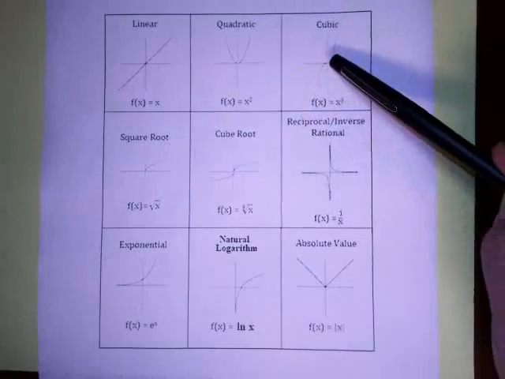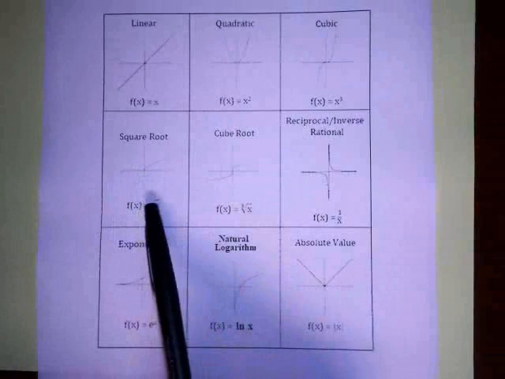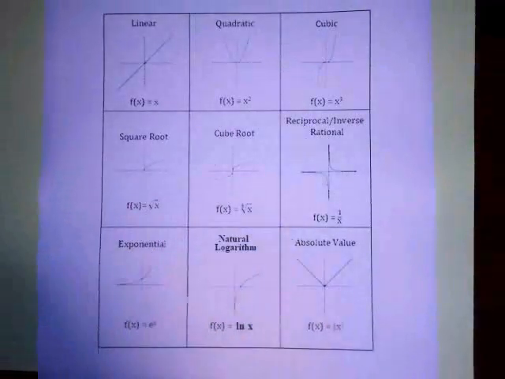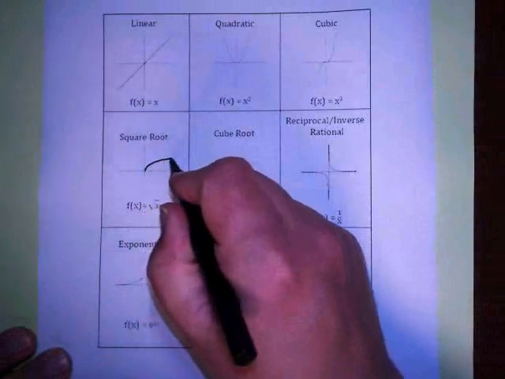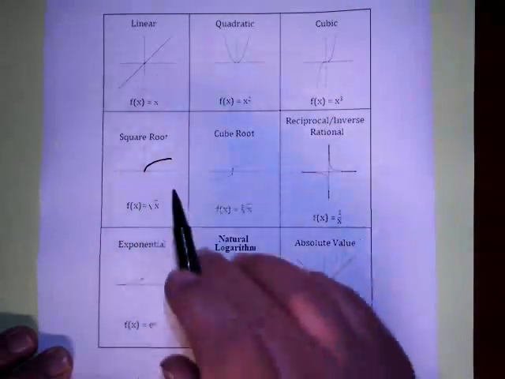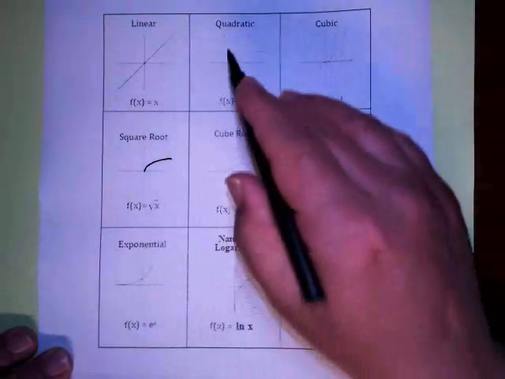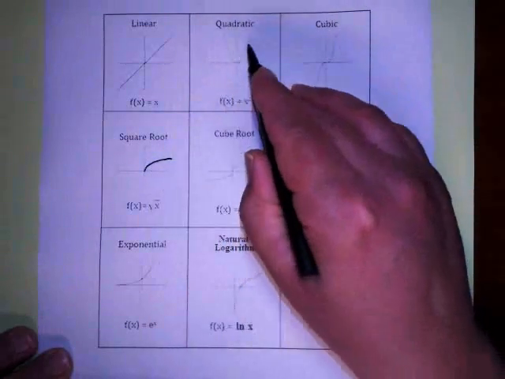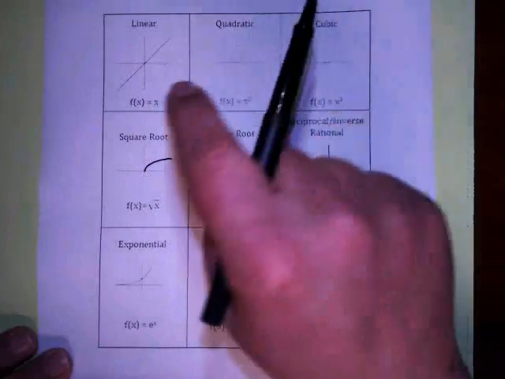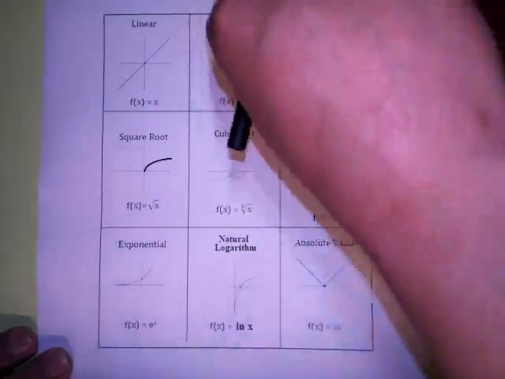And here, this is a square root function, and boy, this one's hard to see. It kind of goes up like this, and it's really a quadratic on its side, but it's only this half right here, and you're not rotating it.